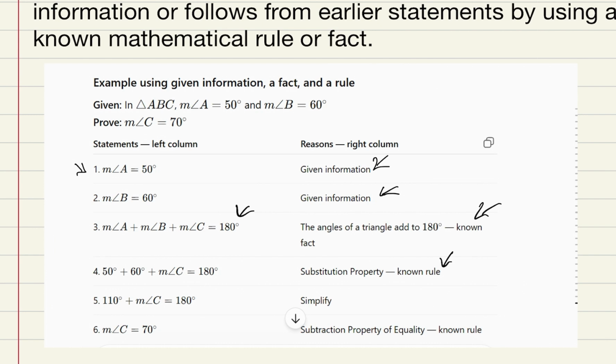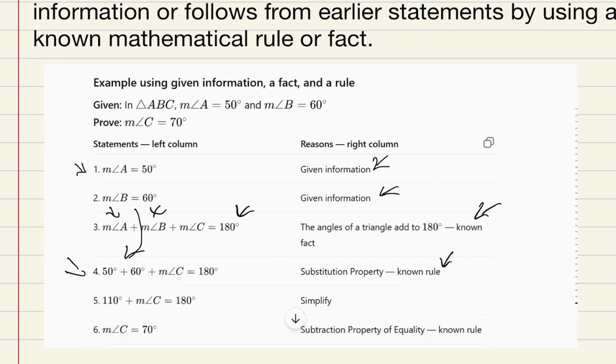We can substitute these two for here, because we already know that measure of angle A is 50 degrees and measure of angle B is 60 degrees from the given information. So we're using the substitution property. So we're putting the numbers here instead in number 4. So we're using that rule based on prior information.